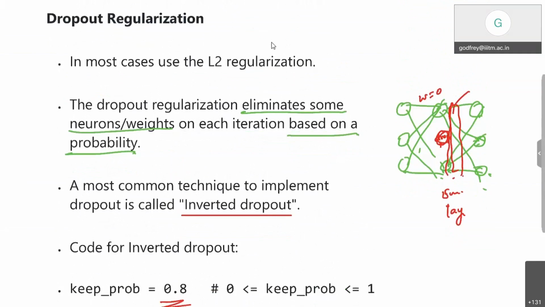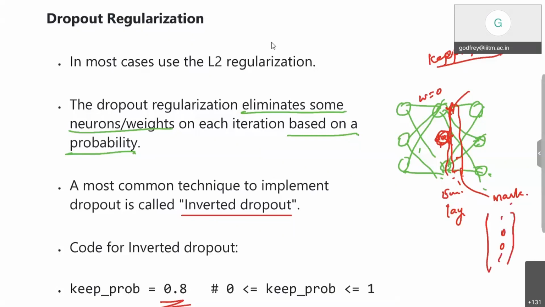So with some probability, which is keep_prob, you find out which neurons in this layer have to be kept and which need to be removed. So you try to create a mask. I create a mask, then multiply using this mask.